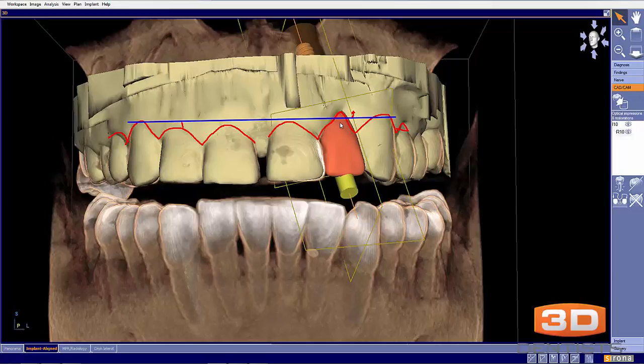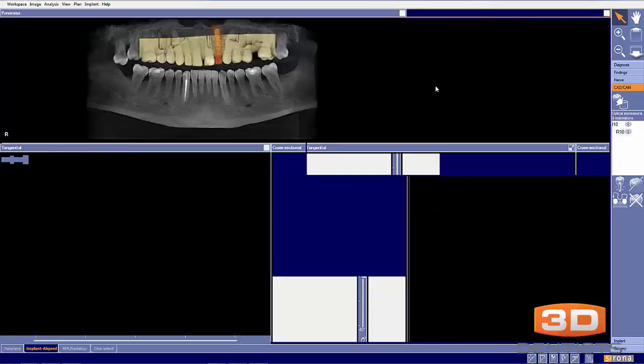So I question whether or not this will be what the tooth looks like if the patient has a high smile line, and what cosmetic effect that's going to have.